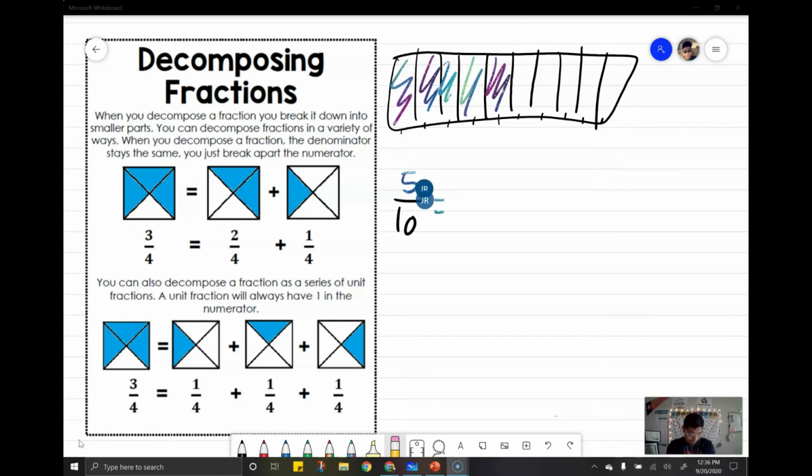So that's 1/10 plus 1/10 plus 1/10 plus 1/10. Did I finish? Let's see. 1/10, 2/10, 3/10, 4/10. Now I need one more. Plus 1/10. That's going to equal 5/10. Good.